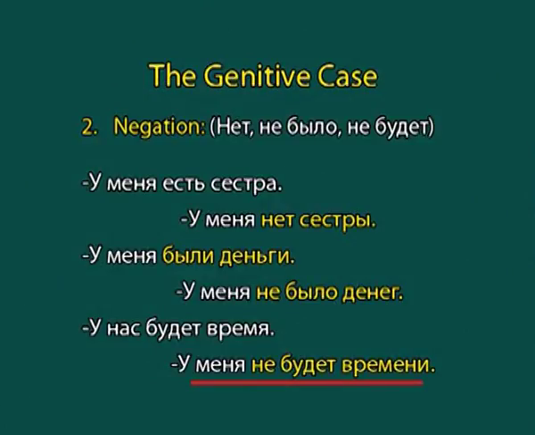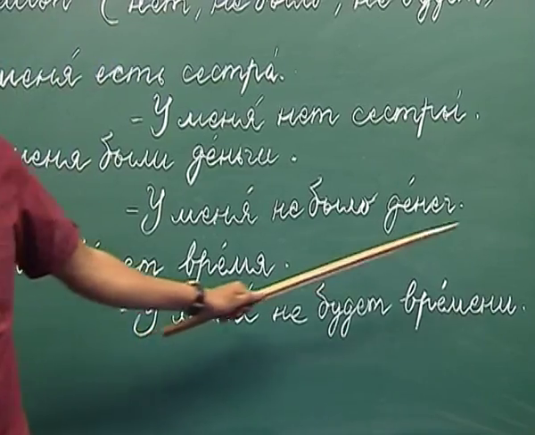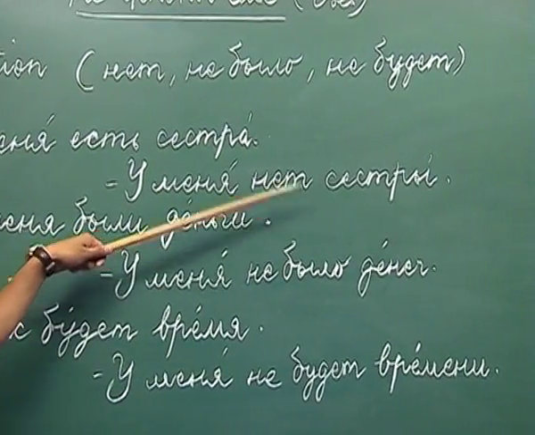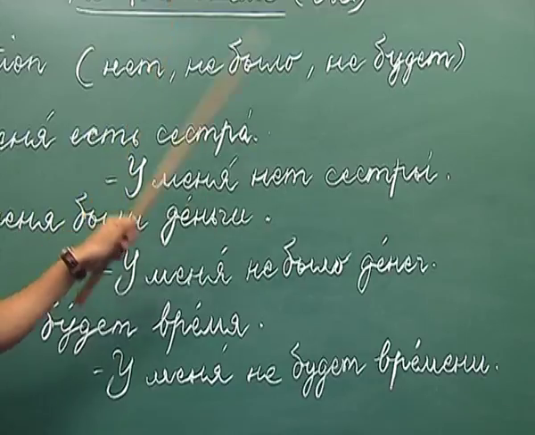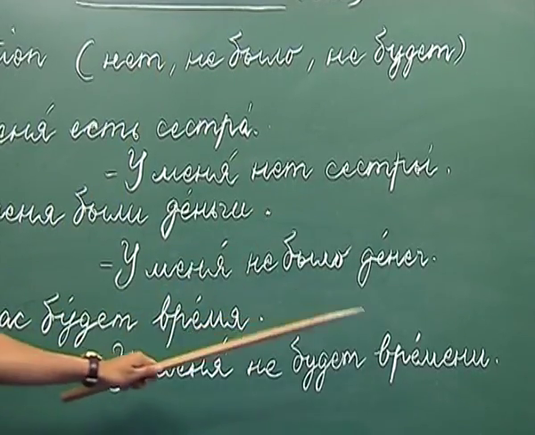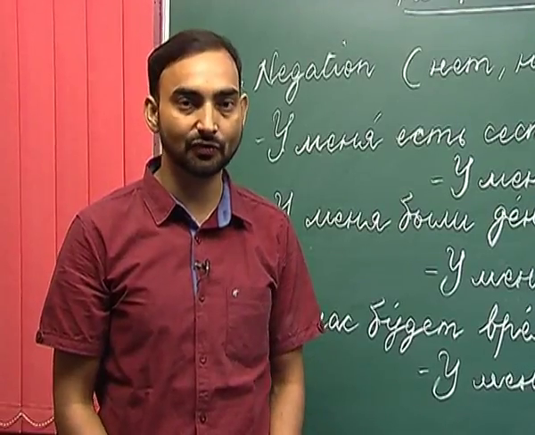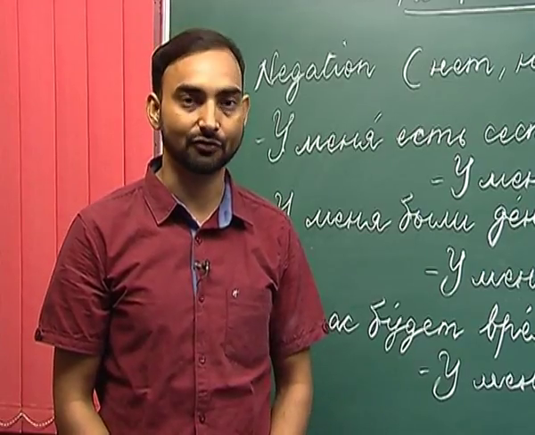У меня не будет времени. I will not have time. As you can see, with нет in the present tense, with не было in the past tense, and with не будет in the future tense, we use the genitive case of nouns to show negation. This was the second use of the genitive case of nouns.